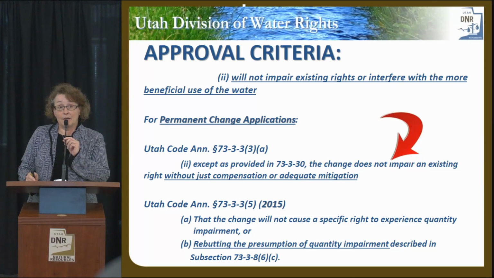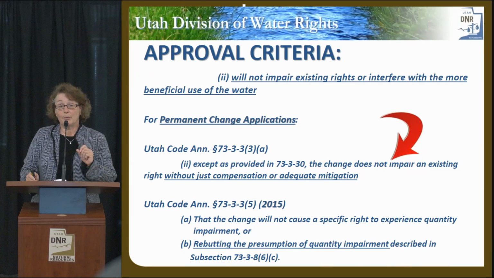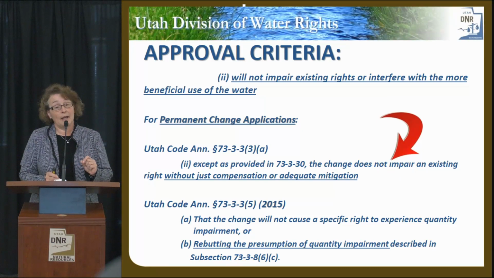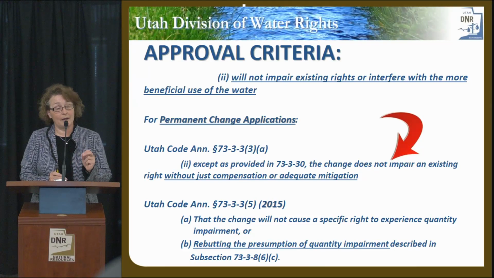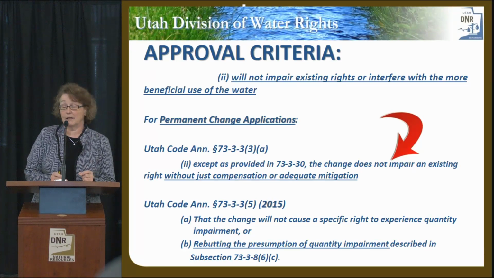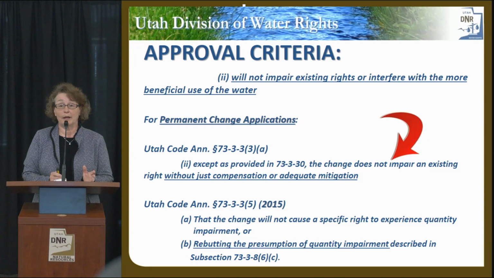So this next slide, we talk about a new element within the change application framework, which is in Utah Code section 73-3-3. It talks about that if a change does not impair an existing right, there may need to be just compensation or adequate mitigation made, but a change should not impair.